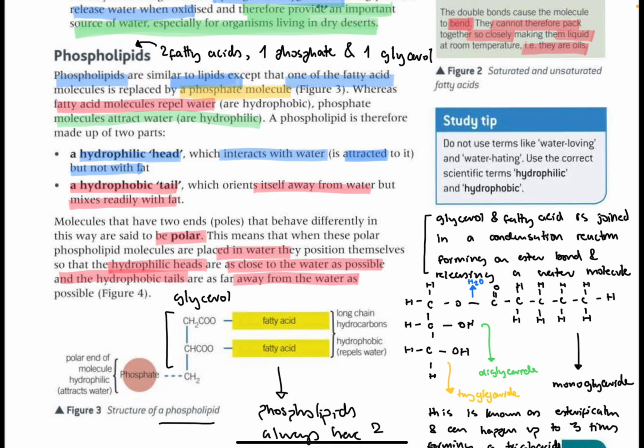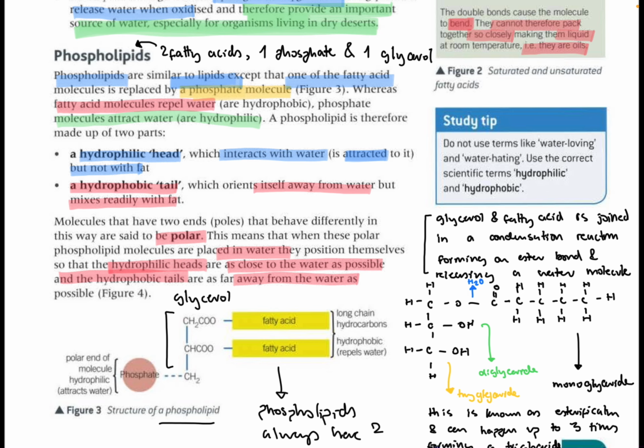Now this creates a polar molecule that results in the phospholipid turning into a little phospholipid bilayer within the cell, creating the cell surface membrane. So essentially what that means is your phosphate heads are toward the outside because they are attracted to water, and then toward the inside we have our fatty acids because they repel water.